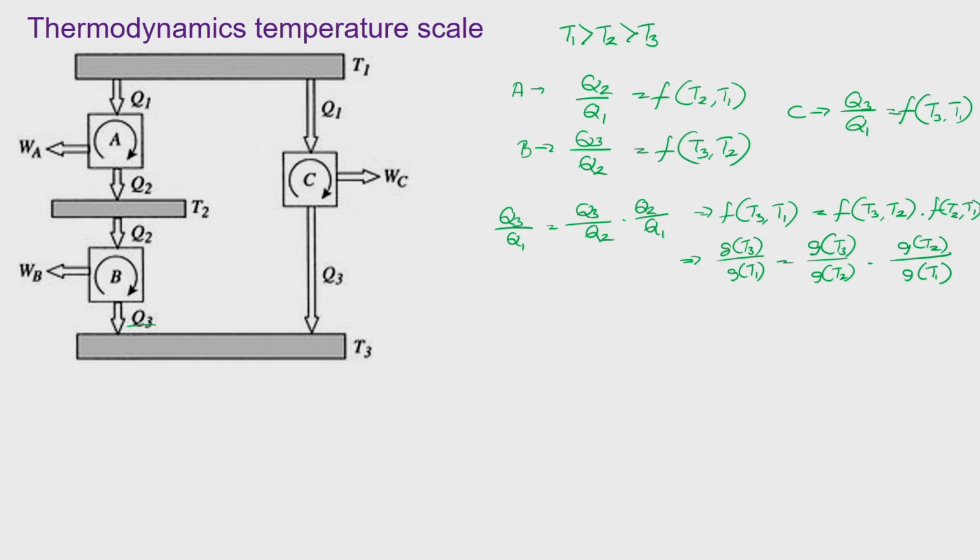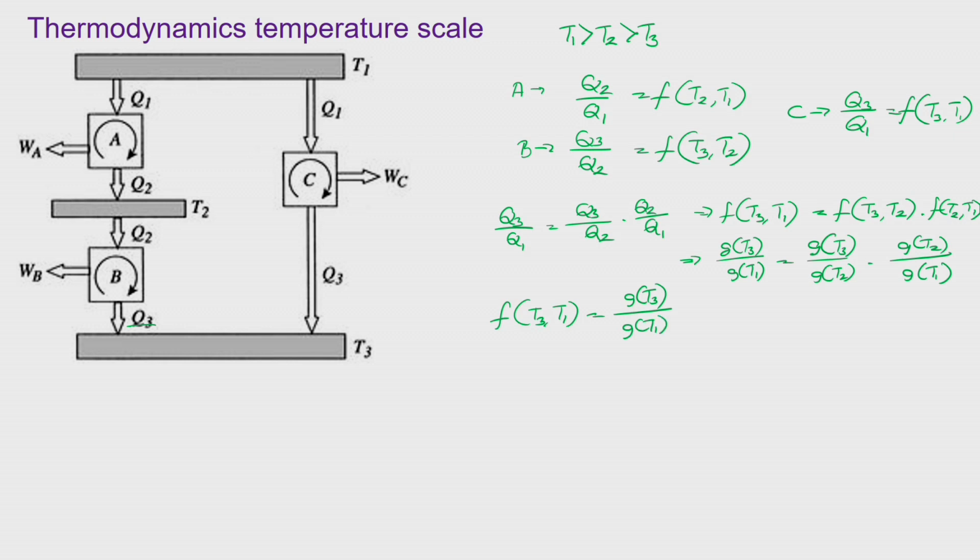Only if f is a function of a functional form like this, that is, the numerator is a sole function of T3 and the denominator is a sole function of T1, or in more formal terms the numerator is a sole function of the lower temperature and the denominator is a sole function of the higher temperature, then only this is possible. So, we know that now f of T3 T1 is equal to g of T3 by g of T1.